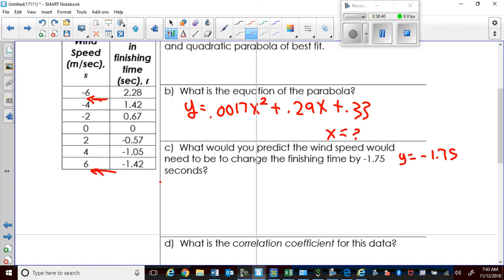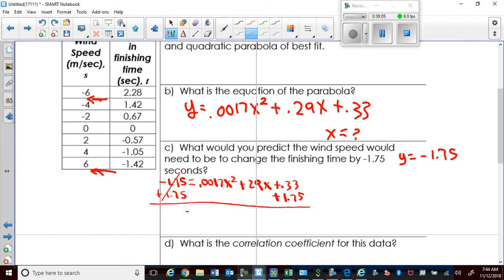So I have negative 1.75 equals 0.017x squared plus 0.29x plus 0.33. Add 1.75 on both sides, and we're putting this in standard form here.